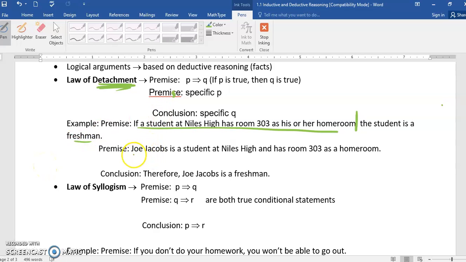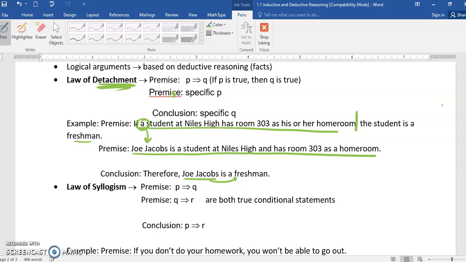Well, Joe Jacobs at Niles High has 303 for homeroom. So this is not just any old student, but specifically Joe Jacobs. So then our conclusion is that specifically Joe Jacobs must be a freshman. Okay, so it's really one, what we call if-then statement that we can pull apart into two statements, detach them, in more of a specific case situation.